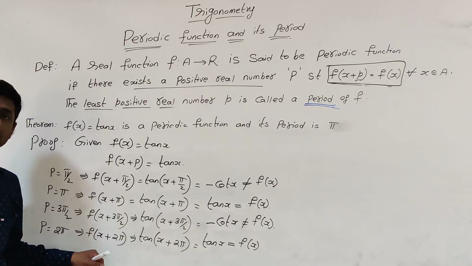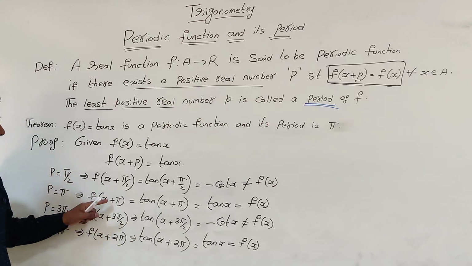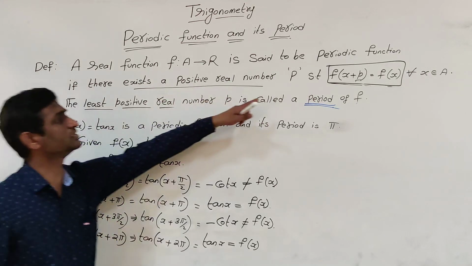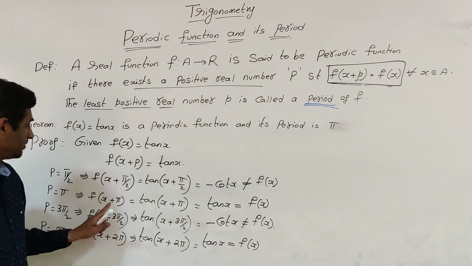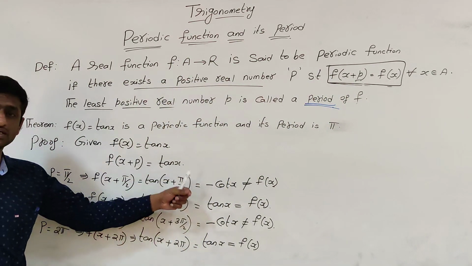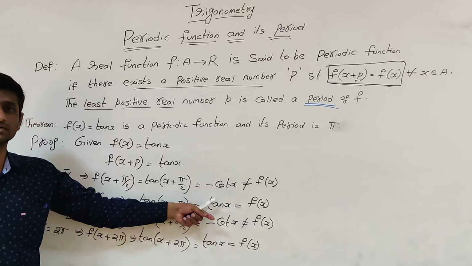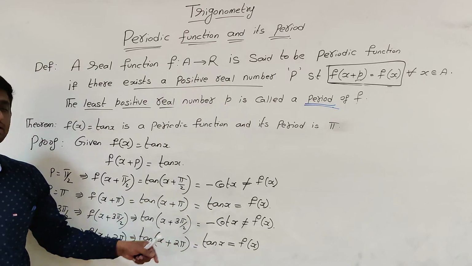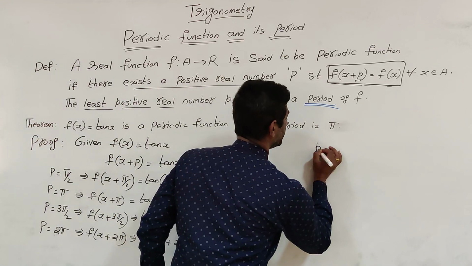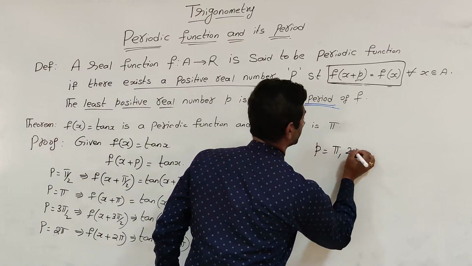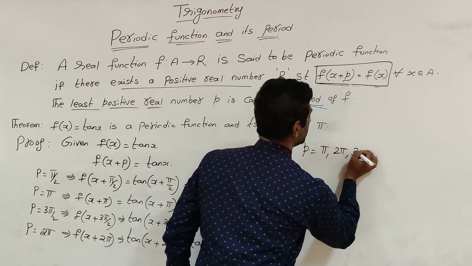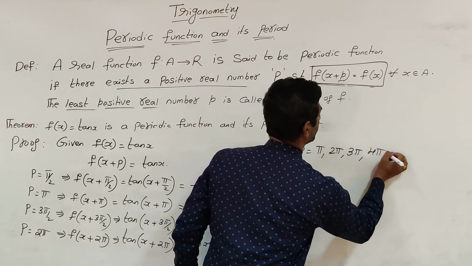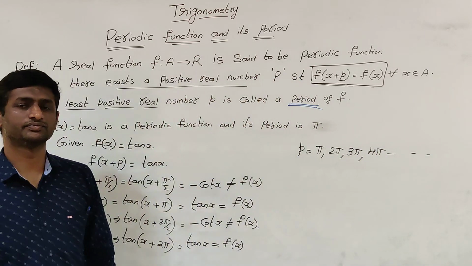Means in this case, if p is pi, the condition is getting satisfied. Again, if p is 2 pi, the condition is also satisfied. Means if p is pi, 2 pi, 3 pi, 4 pi, all of these will be satisfied.